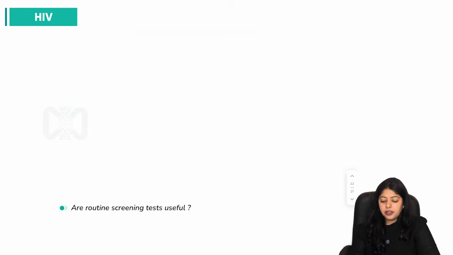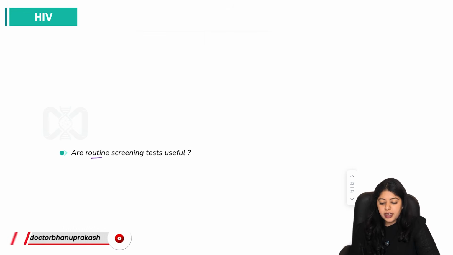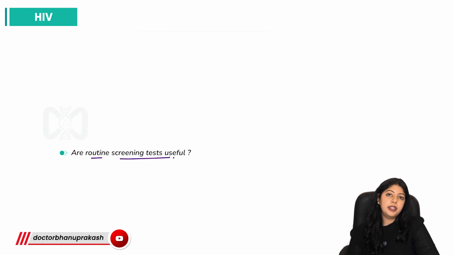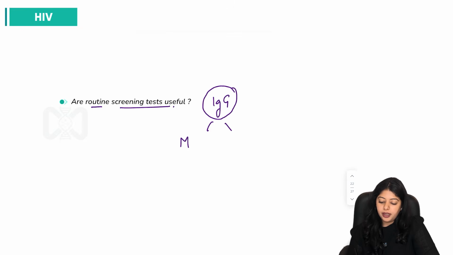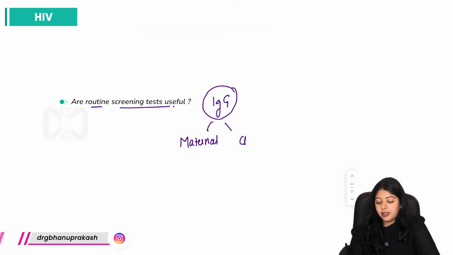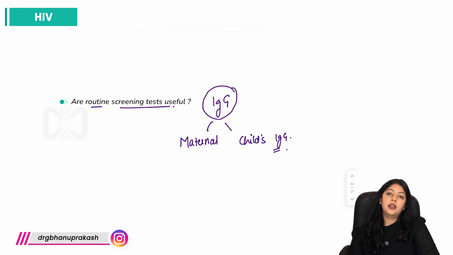But would these conventional tests or routine screening tests be useful in pediatric cases? No, because these tests will not be able to differentiate between maternal and the child's IgG antibodies, right?